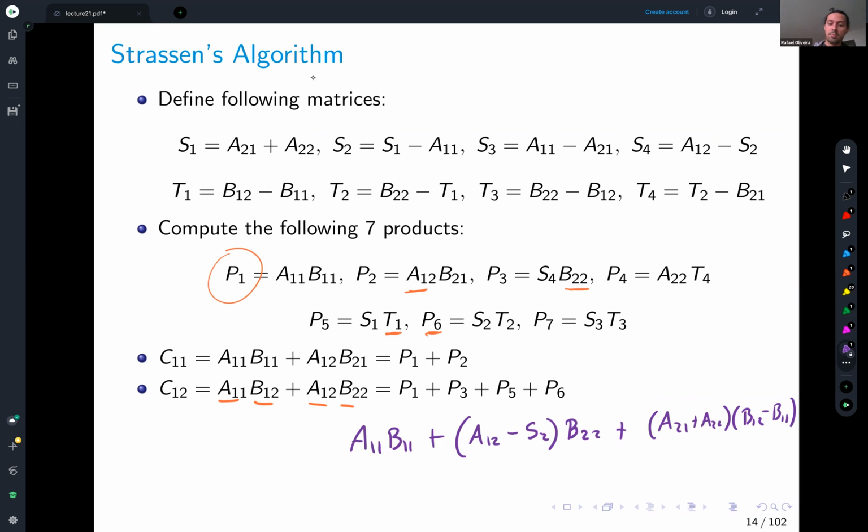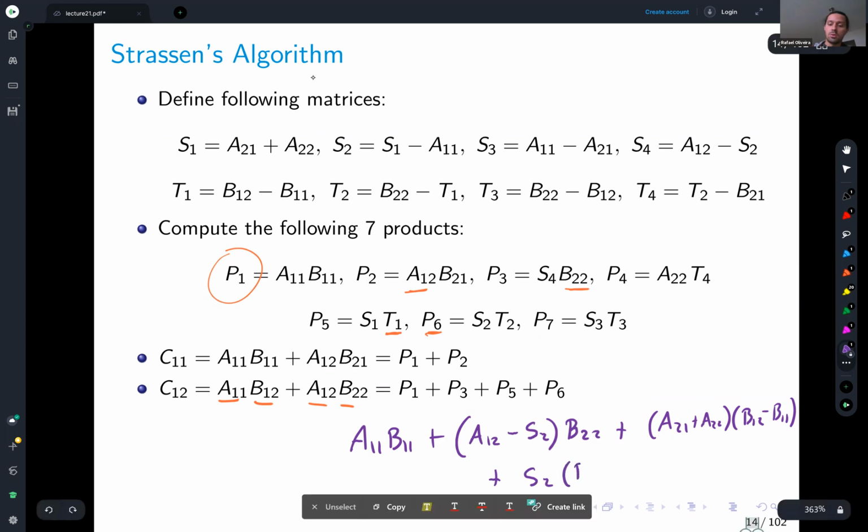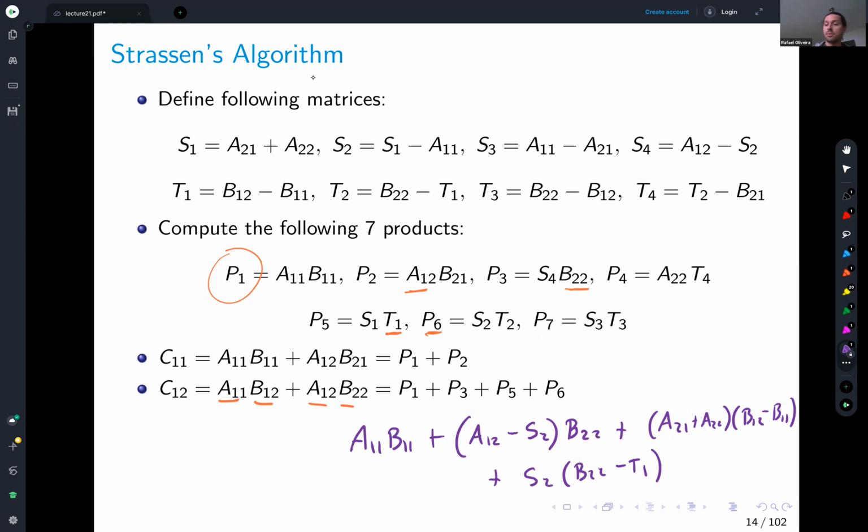And then we have P6, which is S2 times T2. But what is T2? T2 is equal to B22 minus T1, right? And now if we just collect the terms that we want, we need to see that the rest cancel. All right, so what are the terms that we want here? Where do they appear?